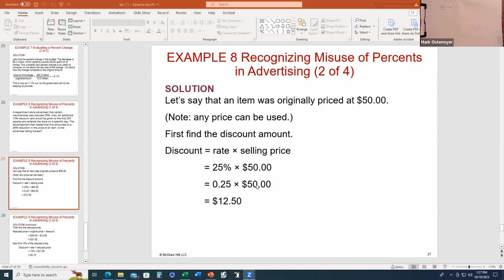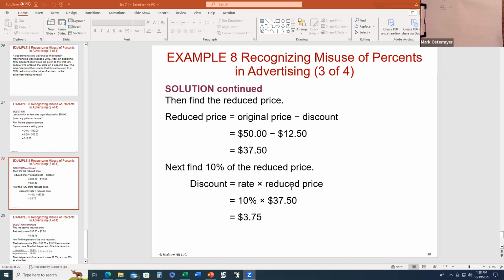So it looks like they're going to knock off $12.50. That's the discount. That's the 25% off. So if you take $50 and subtract off $12.50, your price is down to $37.50. But, ladies and gentlemen, they're going to knock off an extra 10%. 10% of the reduced price.